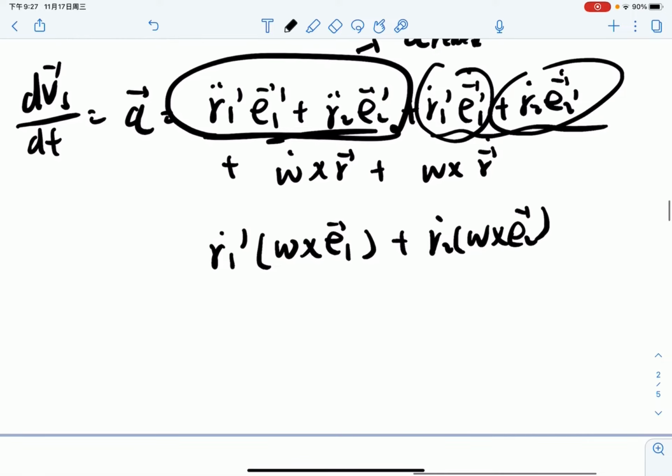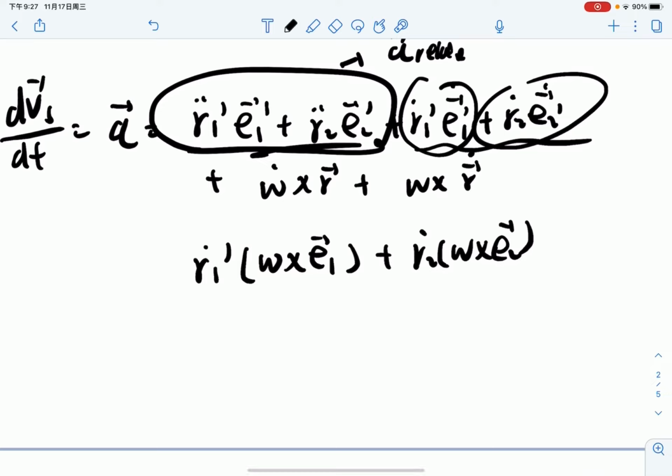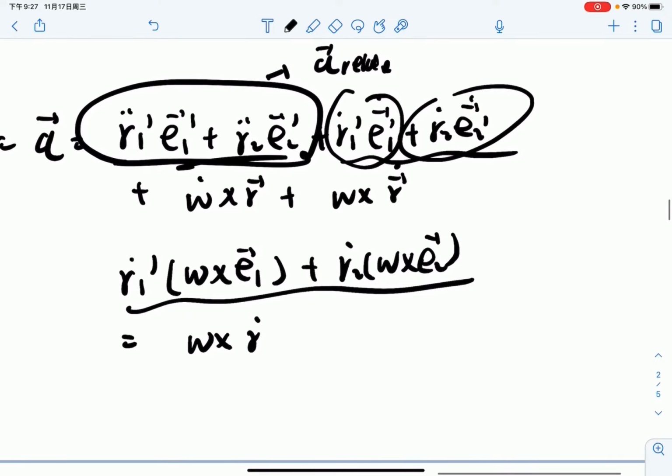And if we move the terms, we can see this is just going to be W cross R dot, and this is the relative velocity.